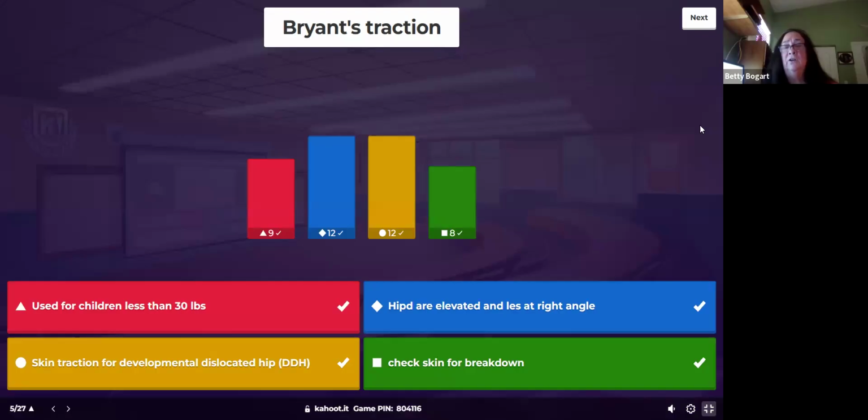So it is for children less than 30 pounds. Over 30 pounds, it doesn't work. Skin traction for developmental dislocated hip, absolutely. It holds it up, tries to force them back to where they need to go in the joints. The hips are elevated and at a right angle. And of course, with any traction, you always check skin for breakdown.